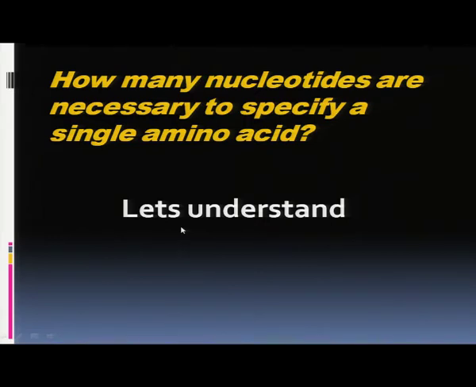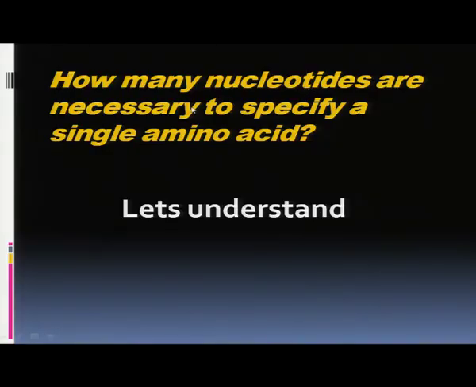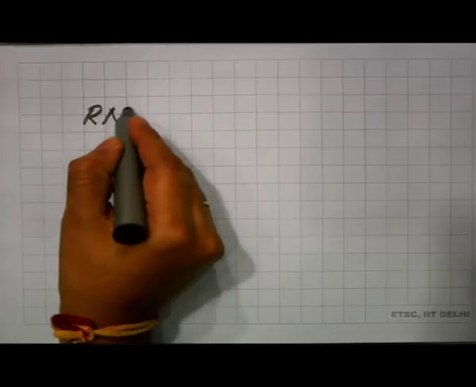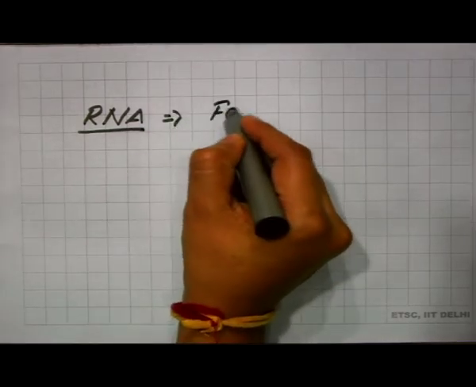Moving ahead, let us know how the DNA or messenger RNA codes for protein or amino acid. But the major question is, how many nucleotides are necessary to specify a single amino acid? If we talk about nucleotides, in case of RNA, we have just 4 types of nucleotide.